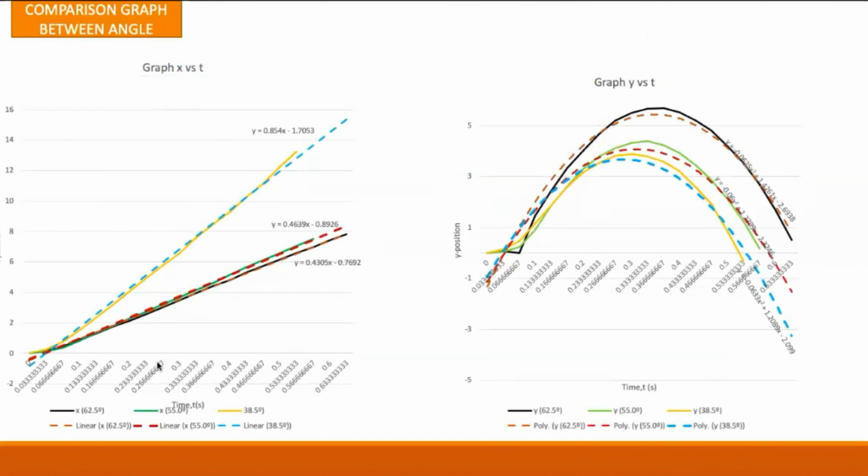Okay, we have decided to share the comparison graph between the angles. Every angle has a different value, and you can see for graph S over t, the red one is for 55 degrees, the blue one is for 38.5 degrees, and the orange one is for 62.5 degrees.